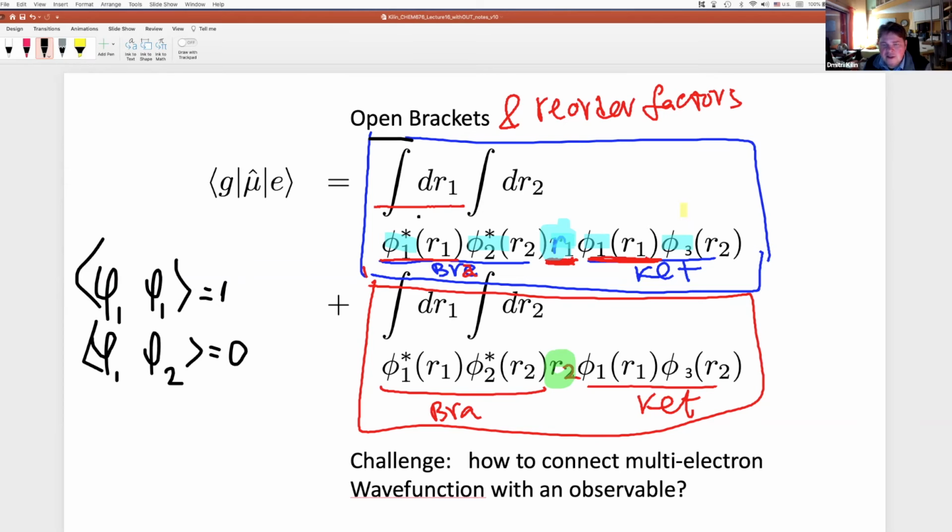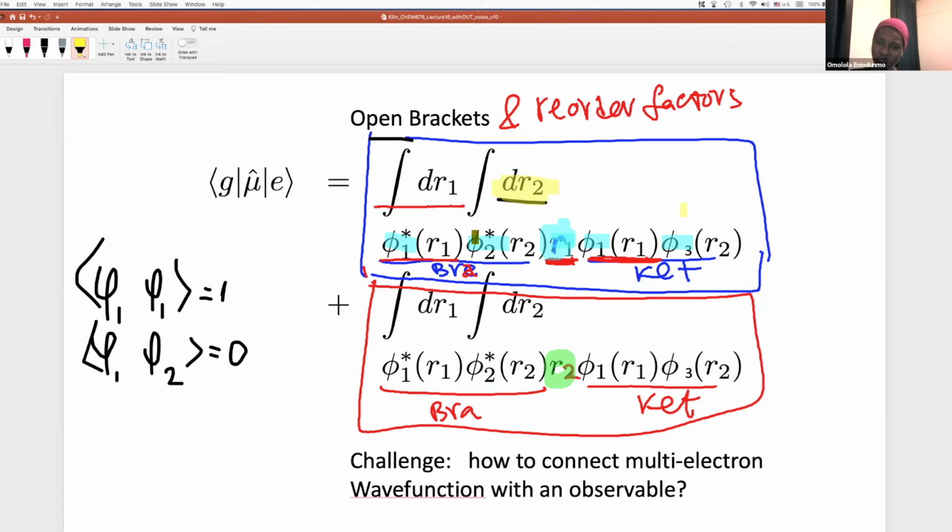I need such a term that includes integration over variable r2 and functions that depend only on r2. So would you guide me? What should I highlight? Which function depends on r2?